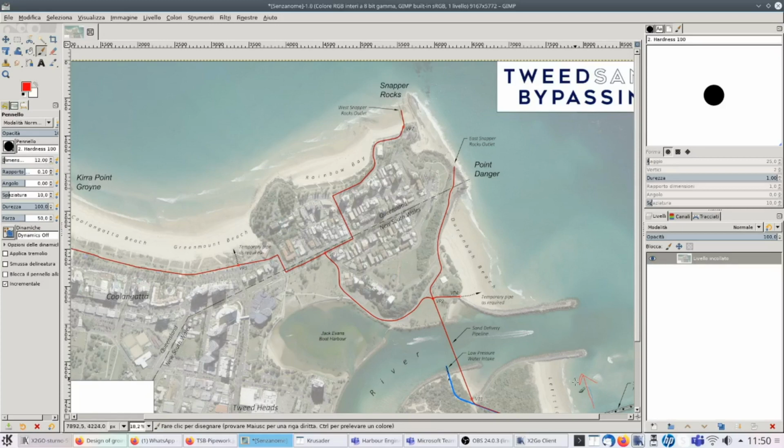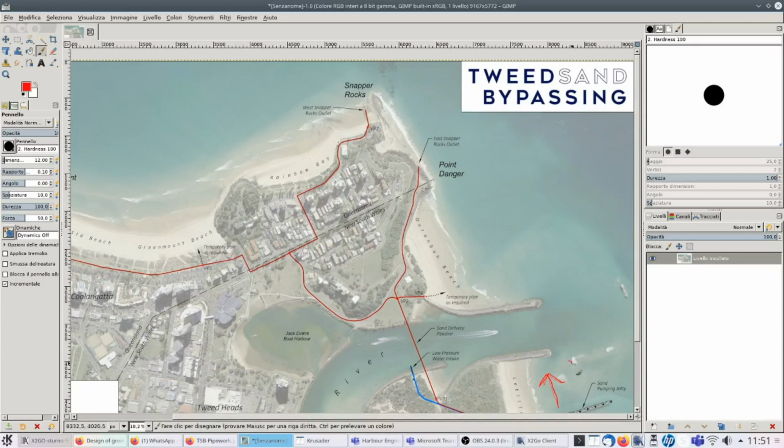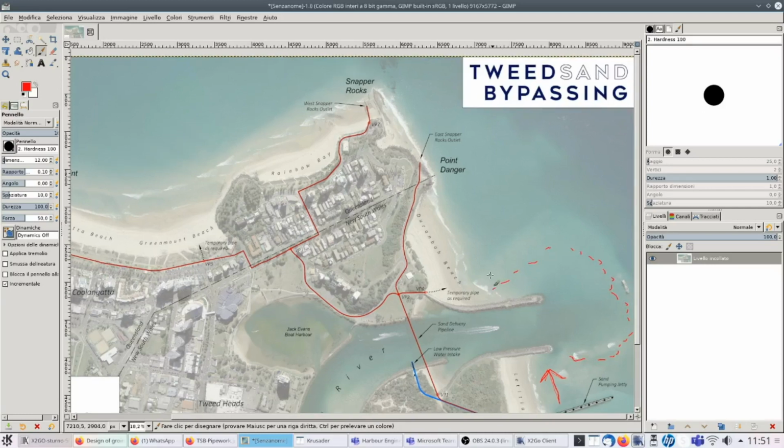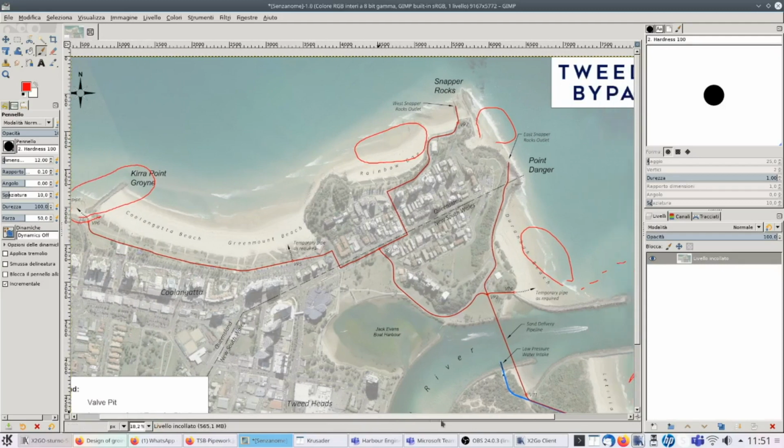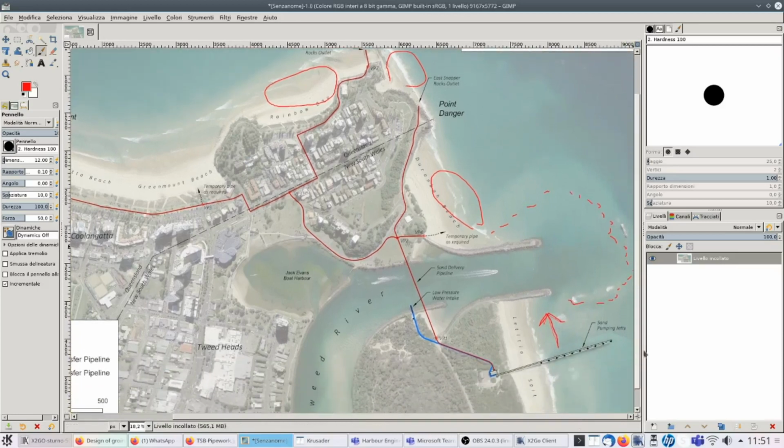You can see that this is the new trajectory of the sand. But you have erosion here, here, everywhere, because of the reduction of the sediment delivery. And this is why they put the groin there. Okay? So what they decided to do is this bypass.